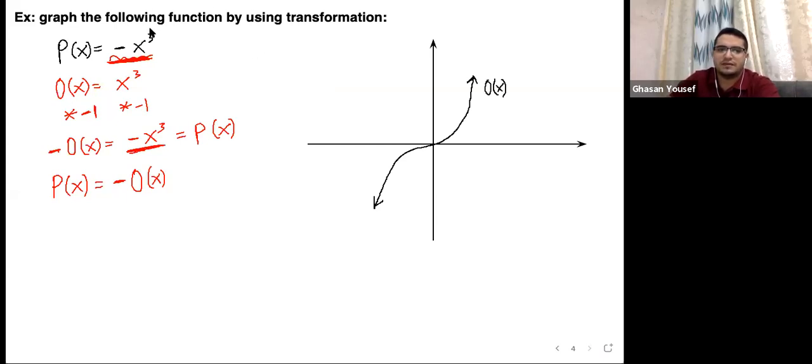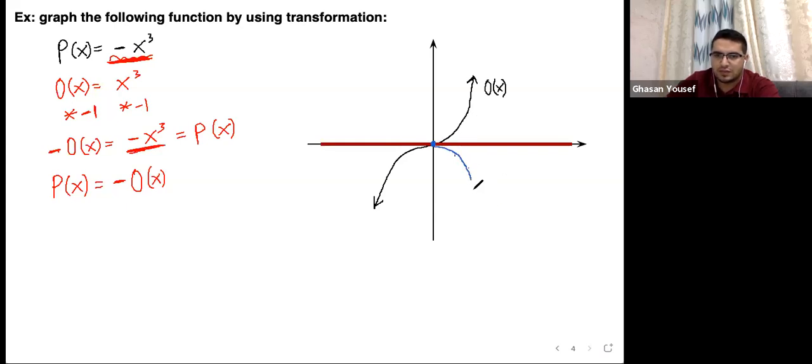So my mirror now is the x-axis. Here is my mirror. Now all points should be reflected here. So at 0 it should be the same point. This point should be here. This point should be here. And the same thing for all the other points.